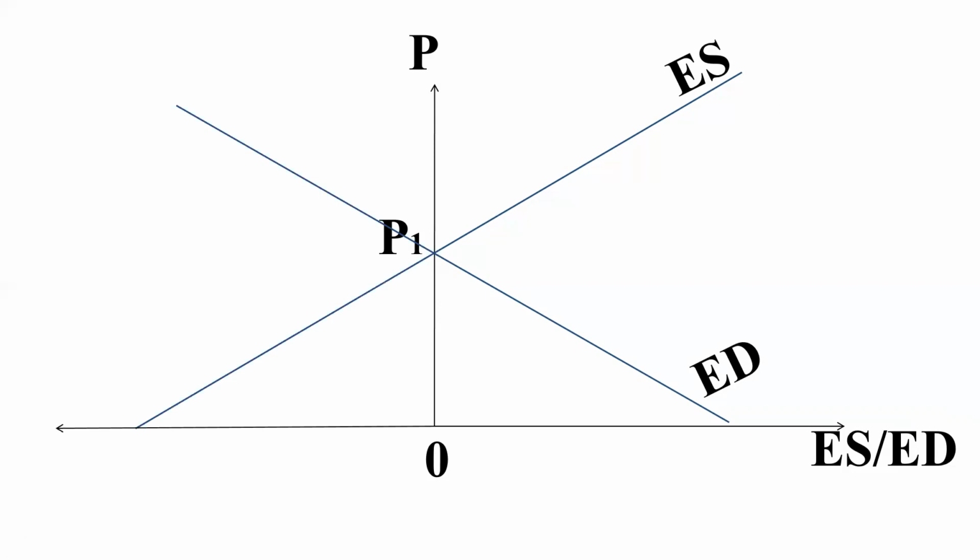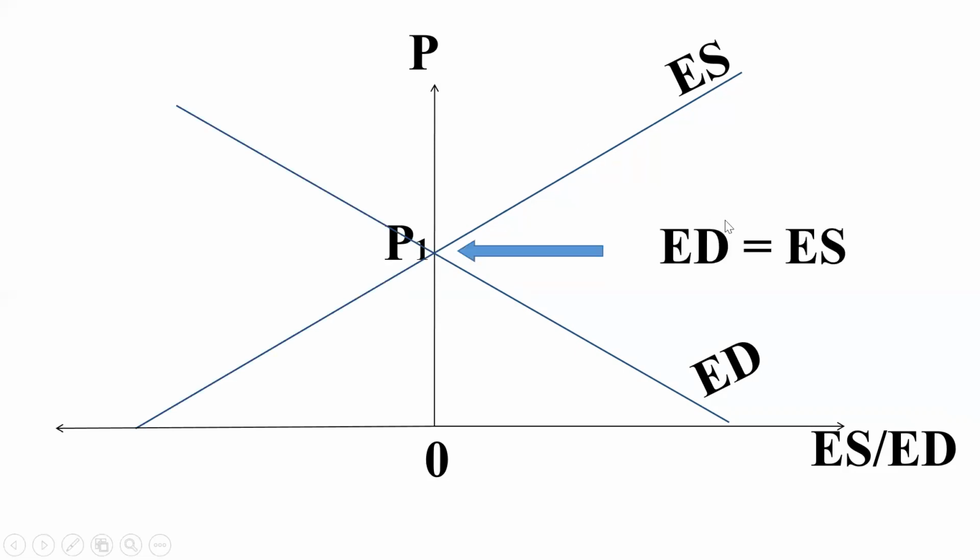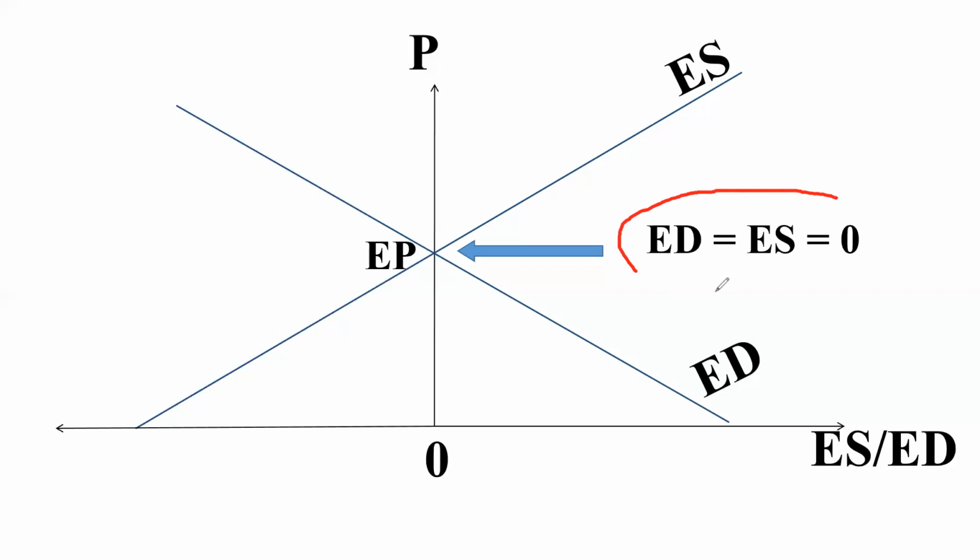You can see the excess demand and excess supply curves cross each other at the equilibrium. So at the equilibrium price, excess demand equals excess supply, and they are zero. This is an alternative method to present the equilibrium price, where excess demand equals excess supply equals zero at the equilibrium price.